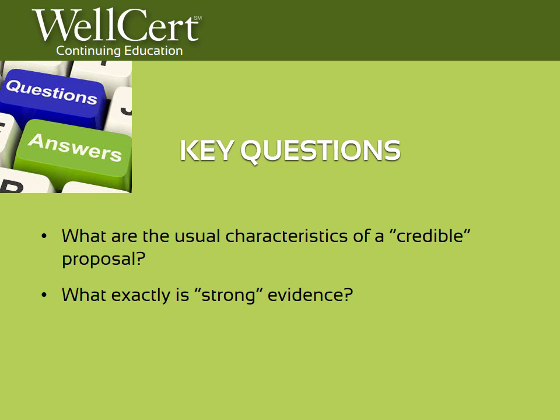Second question is, what exactly is strong evidence? And strong evidence essentially follows what might be called a hierarchy of evidence. The hierarchy starts at the bottom with getting somebody who's got some experience giving their opinion.